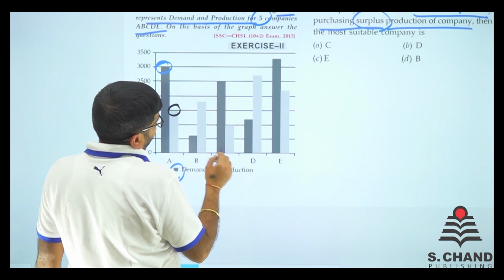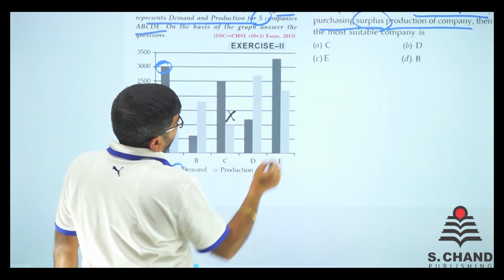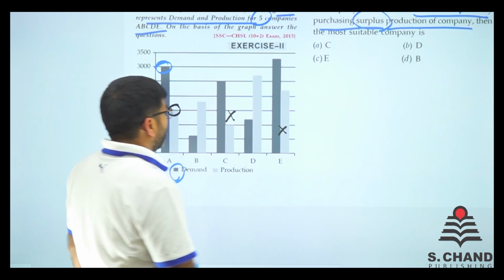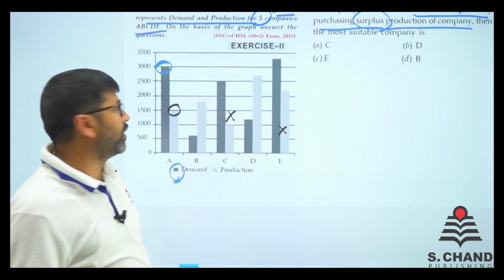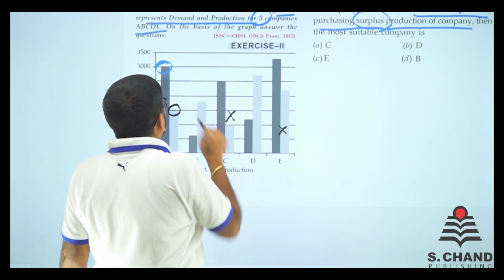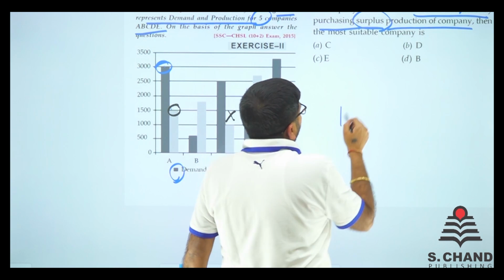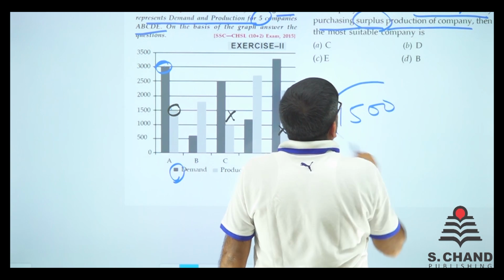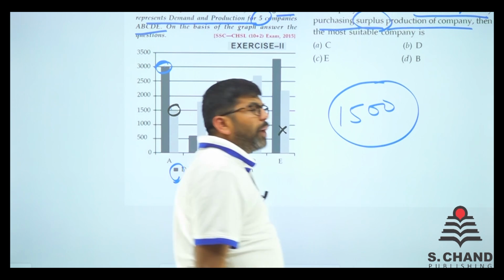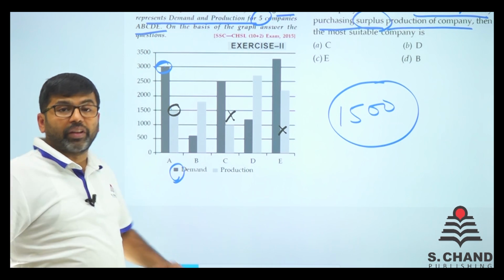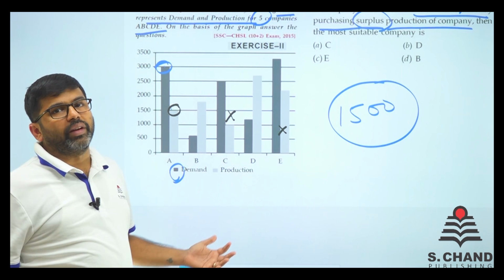First of all, C and E are for sure not the answer. Now, how much is the difference? 3,000 minus 1,500. So we are looking for a company where production is almost 1,500 more than the demand, right?